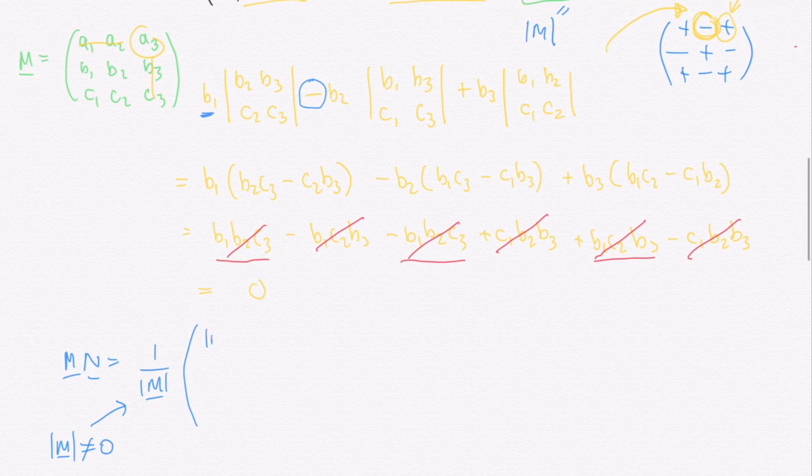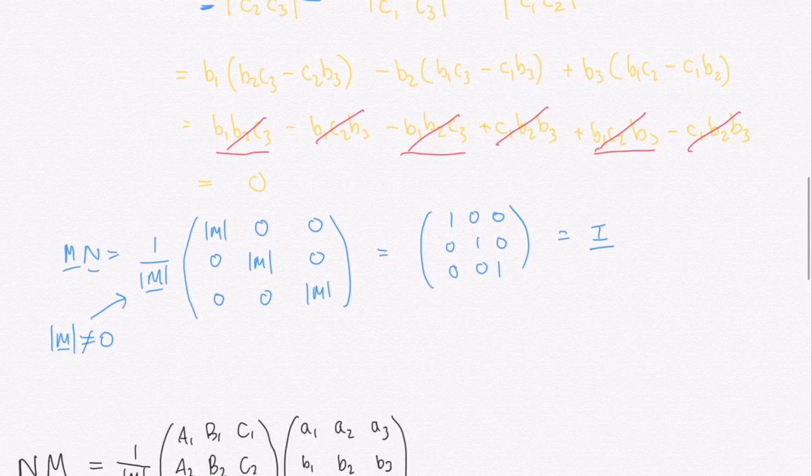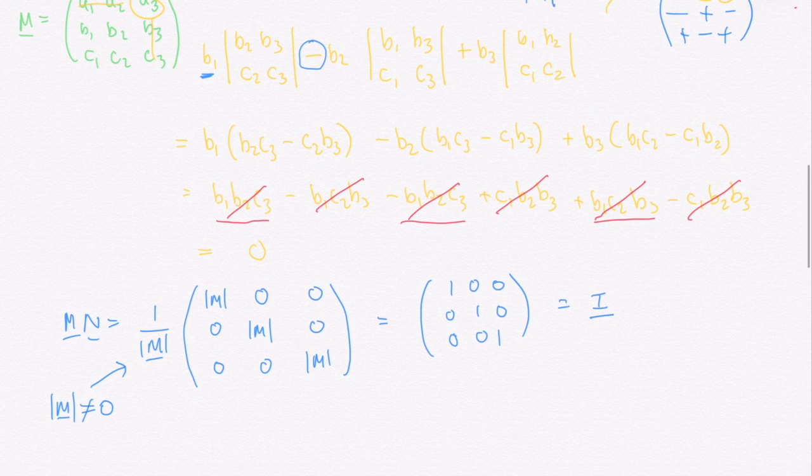That is equal to the determinant of m, 0, 0, 0, determinant of m, 0, 0, 0, determinant of m, or taking a factor of the determinant of m, we can see that that is equal to 1, 0, 0, 0, 1, 0, 0, 0, 1, which is in fact the identity matrix as required.